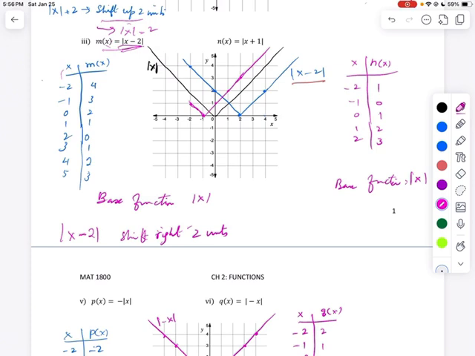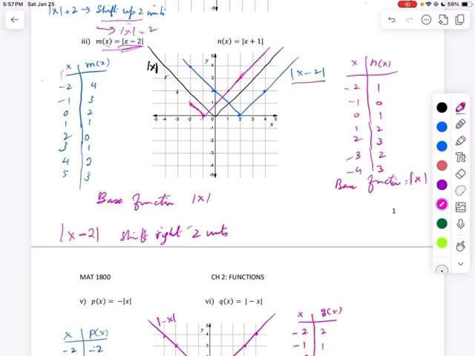So we can extend our table of values and calculate for -3 and -4. So at -3, the value will be 2, and at -4, the value will be 3.